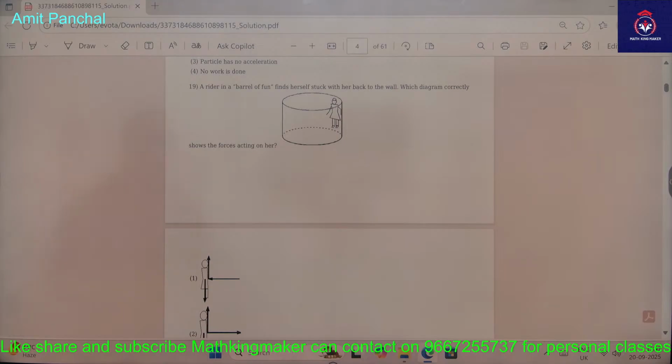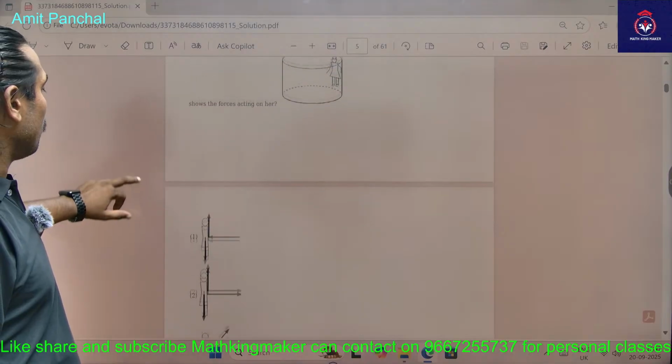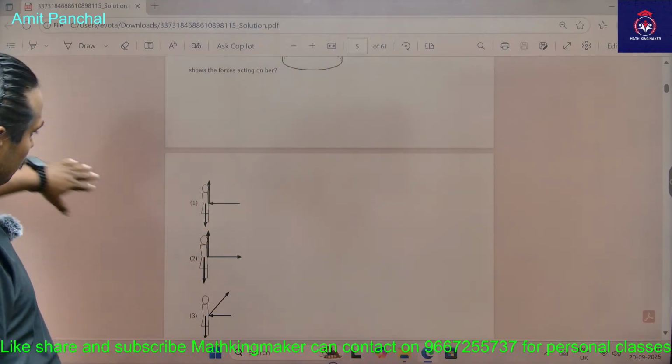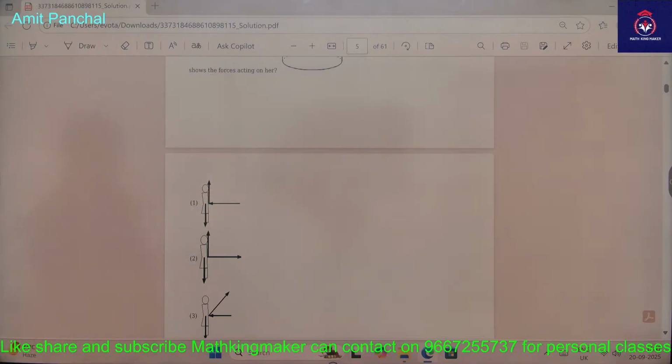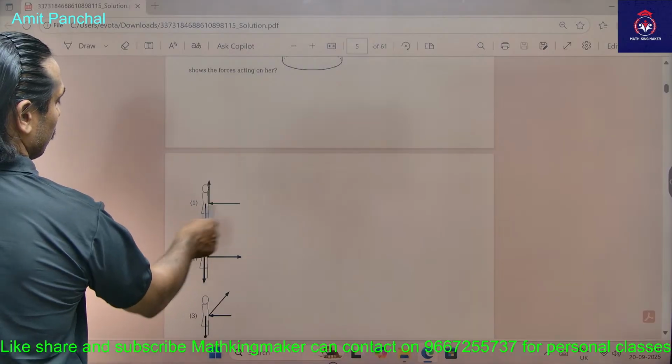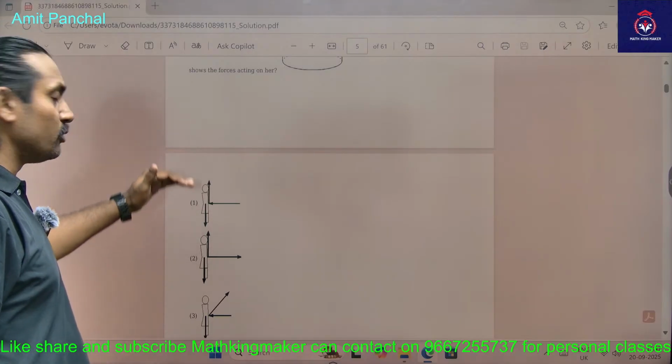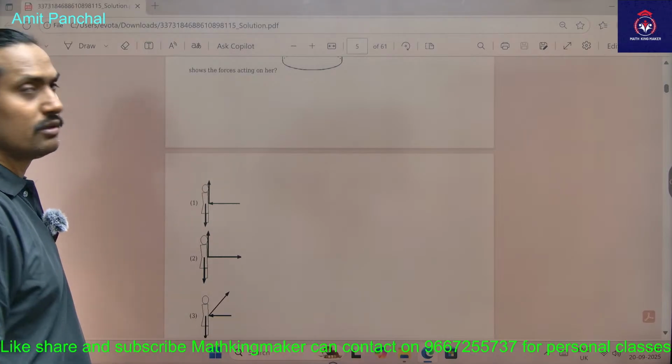So, the wall will be pushing her outside. That will be the force acted on the girl. What about the pseudo force which will act on the girl? So, only these are the forces which are acted upon the girl.